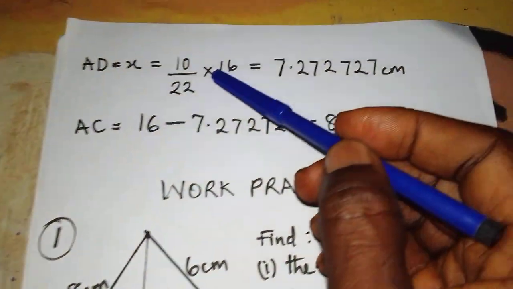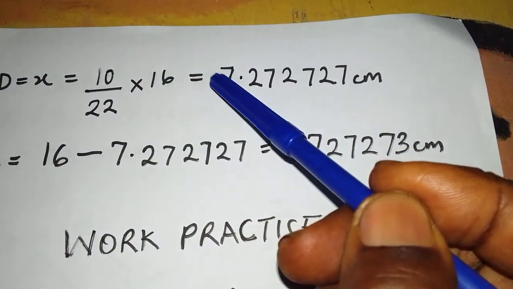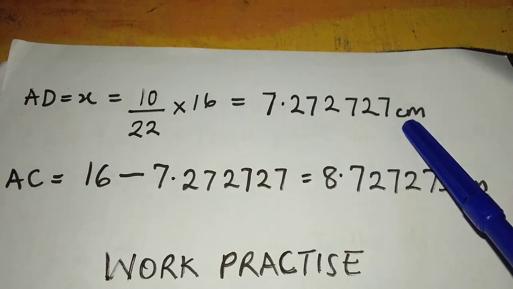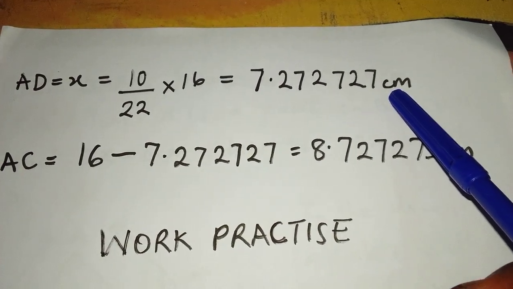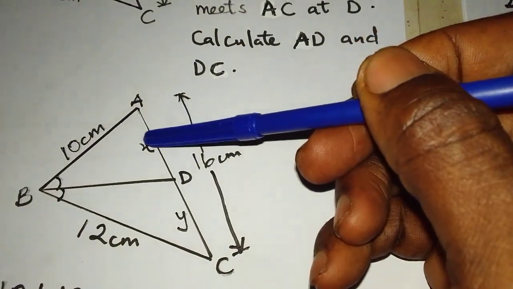That means times 16. So 10 divided by 22 times 16 will give us 7.272727 centimeter.